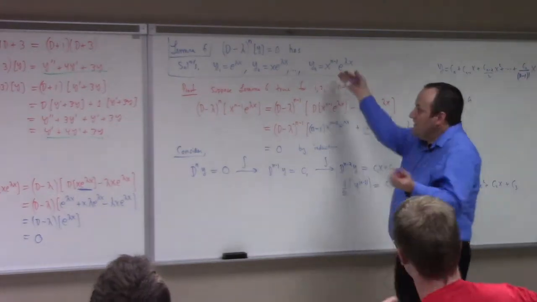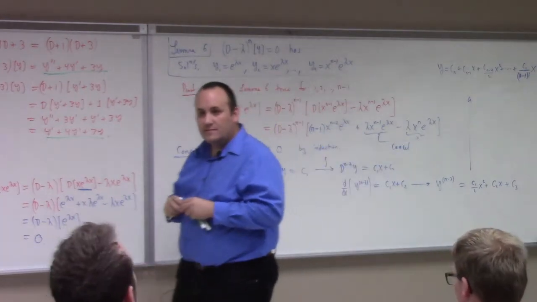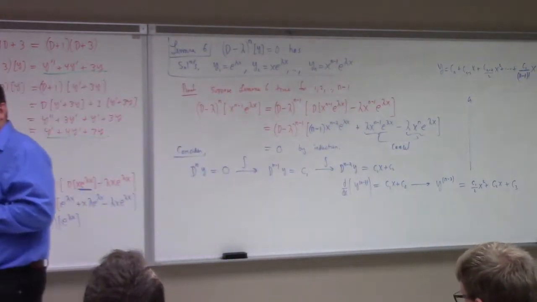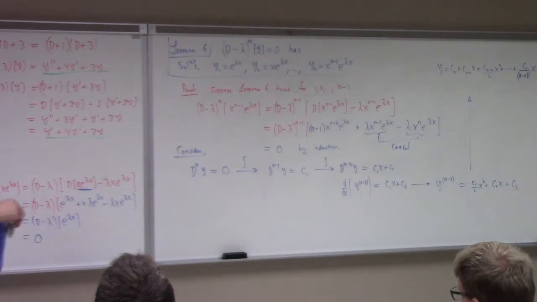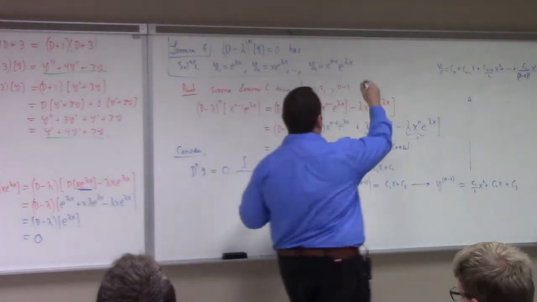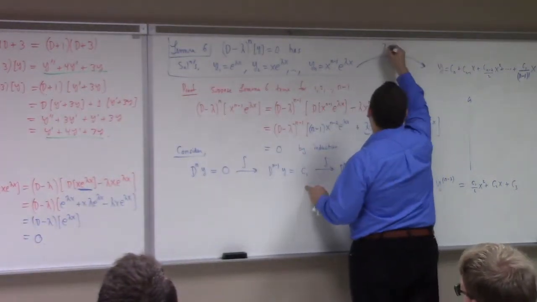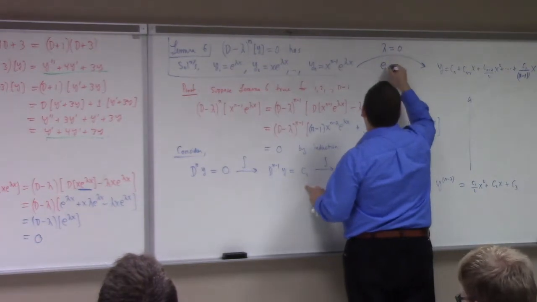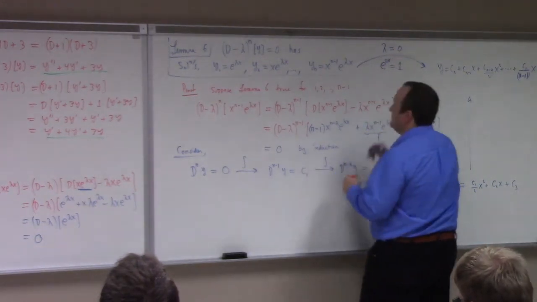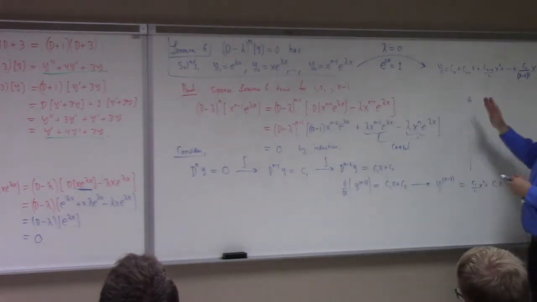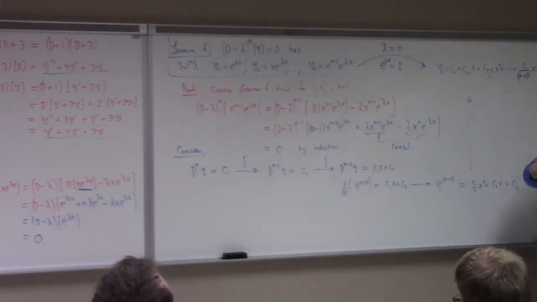What does that have to do with this? It's a special case, right? What happens when lambda equals 0 in lemma 6? E to the what? e to the 0x is equal to 1. So, okay, fine, there are some constants, right?